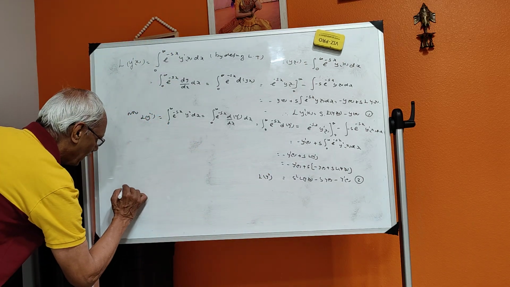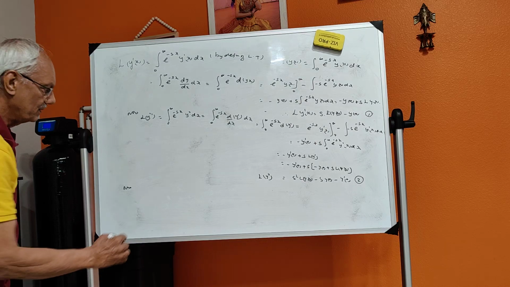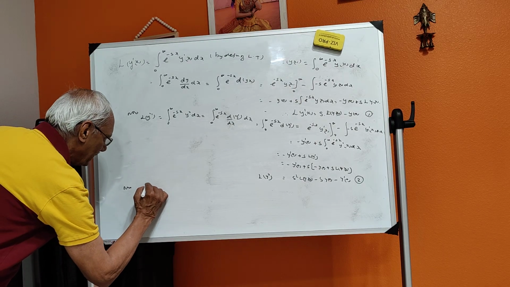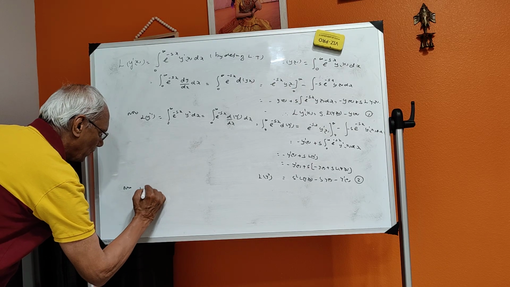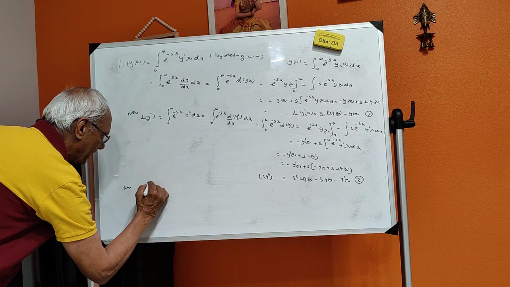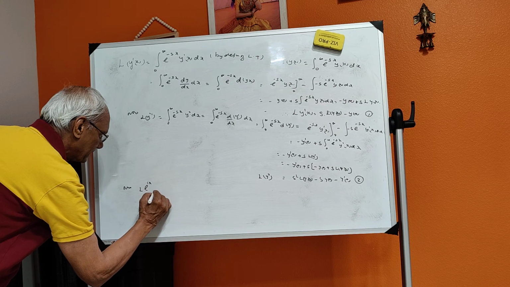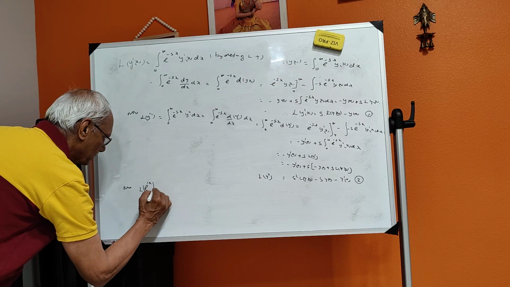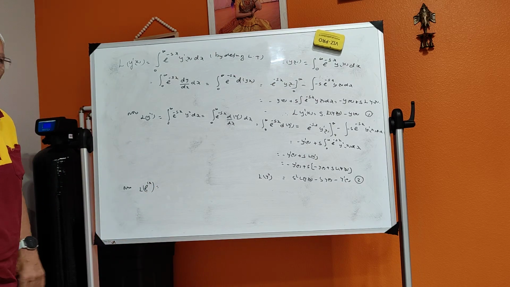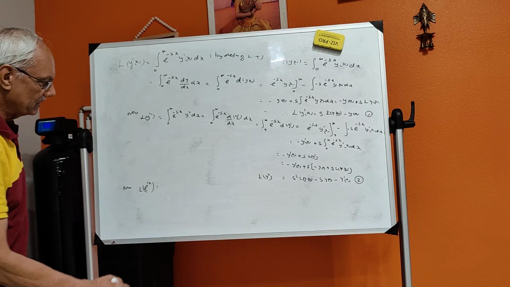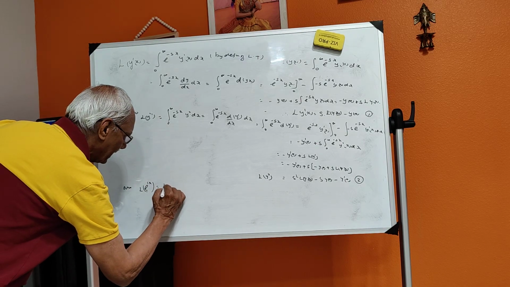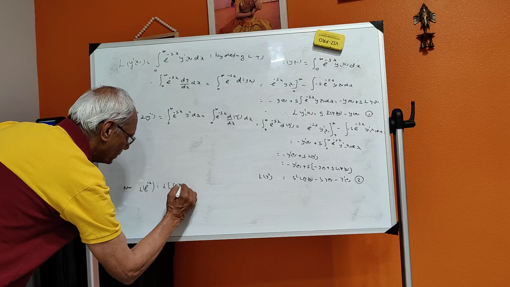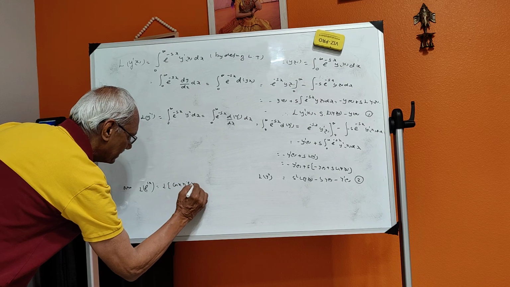And now I will write here L of e to the power of ix is equal to the Laplace transform of e to the power of ix, which is nothing but L of cos x plus i sin x.